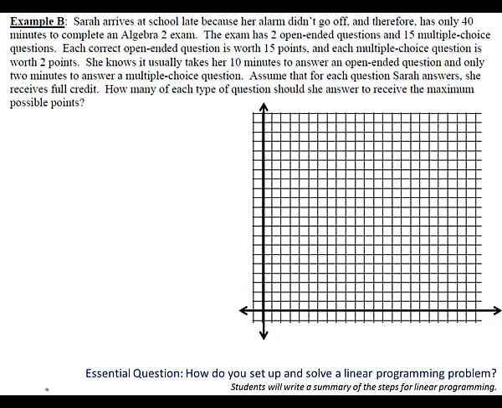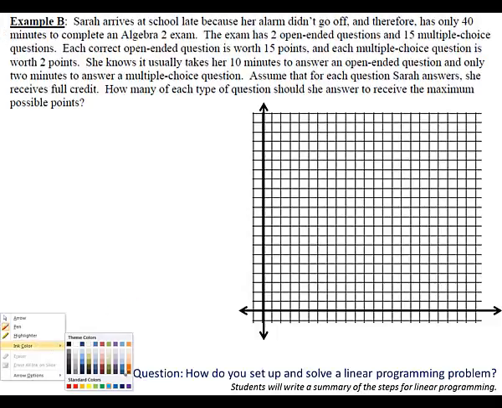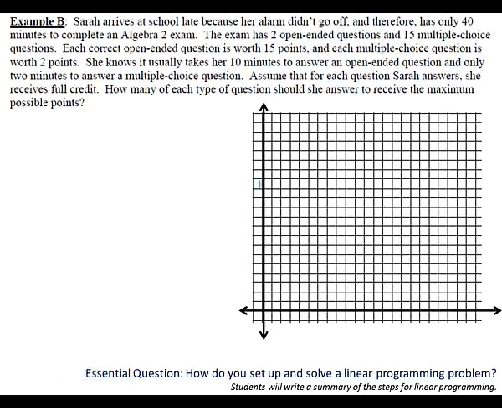Okay, so let's see what happens. We're going to base it off of question type. Do you see how there's 2 different types of questions? So what are the 2 different types of questions? Open-ended and multiple choice. Let's see if we can find all the open-ended information. It says open-ended question is worth 15 points.